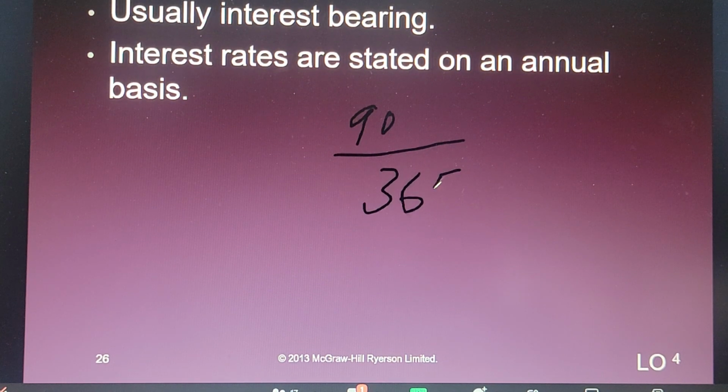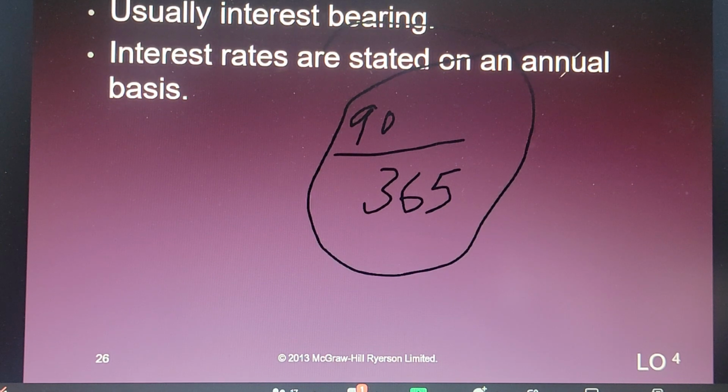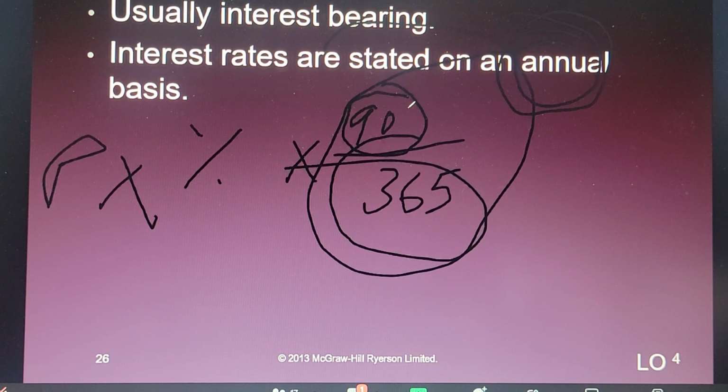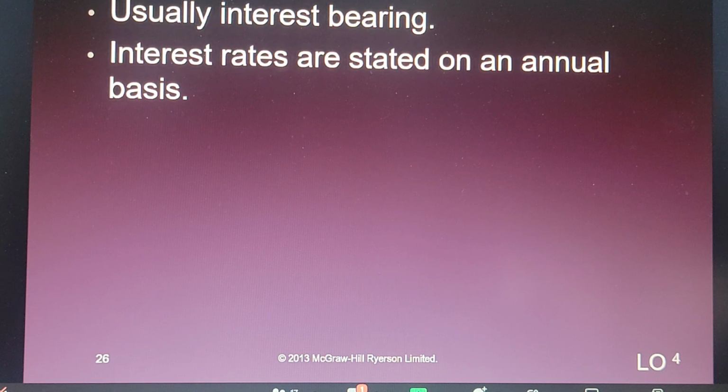This is how we calculate. This is the duration of it. Okay, when it says on annual basis, then that's my interest, whatever the interest is, the principal by the interest by how many days over 365. We need to calculate this until maturity date. So always we take how many days over the 365.